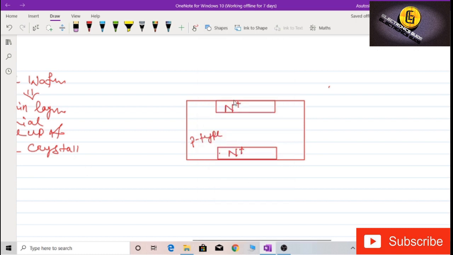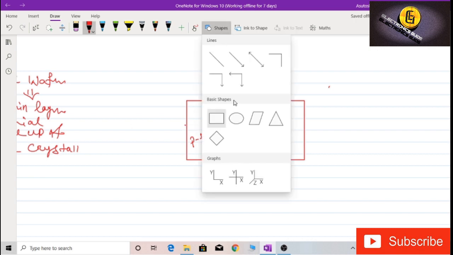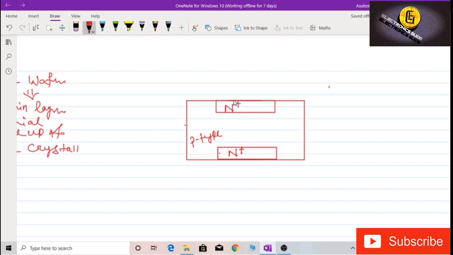The same way the metallic contacts are developed, and terminals can be extracted.